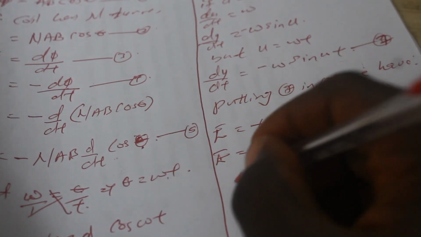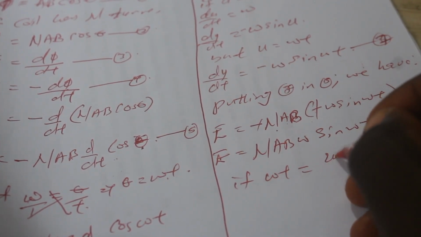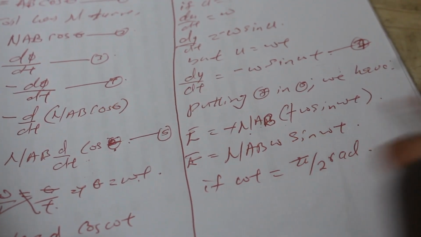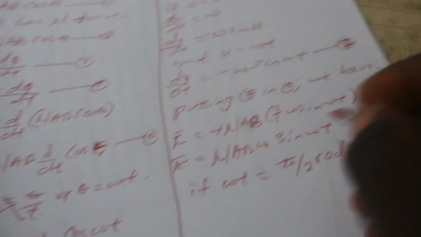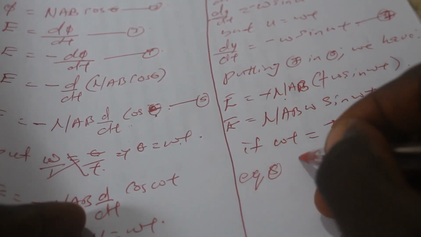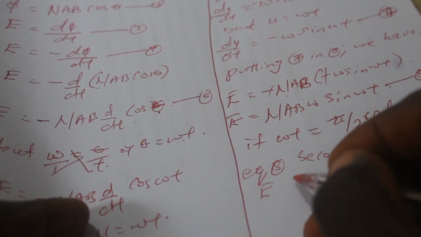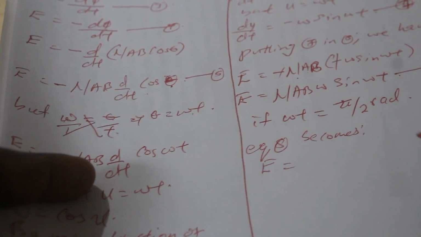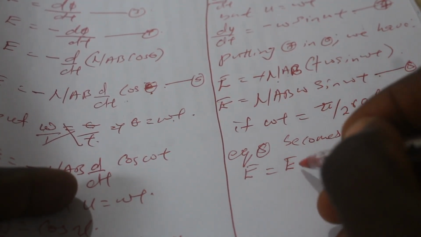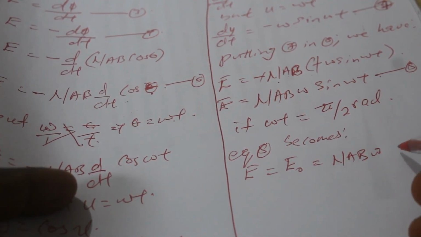Now, if omega t is equal to pi over 2 radians, which is 90 degrees, sine 90 degrees is 1, right? So equation 8 becomes E, the induced EMF, becomes E naught, which is NAB omega.